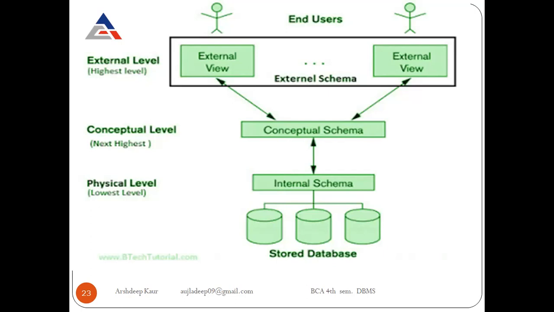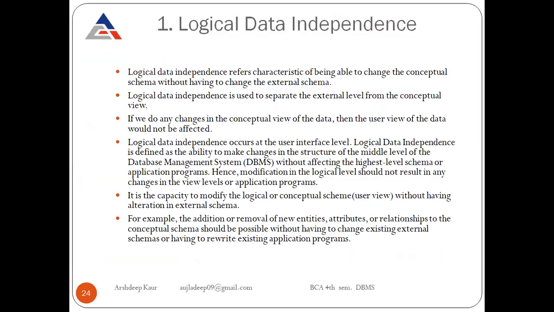If I make some changes on the physical level, it is completely separated, isolated from the conceptual or external level. Any change made to any one level does not have any impact on the other levels. All the levels are independent of each other.